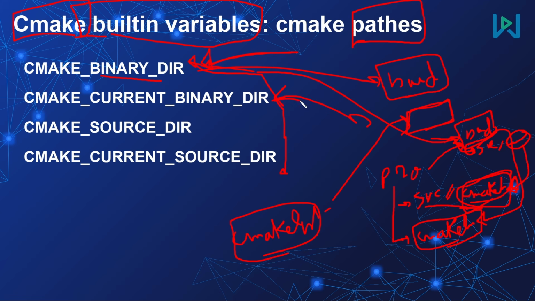Similar to the outcome of our build flow, we can reference as well the top level directory of the source based project using those CMake variables, CMAKE_SOURCE_DIR and CMAKE_CURRENT_SOURCE_DIR. This one references basically the top level location of our main CMake list file.